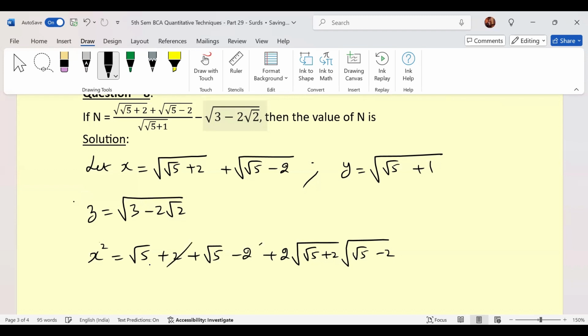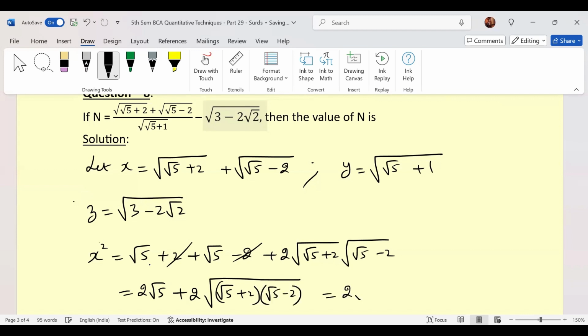So this 2 and 2 gets cancelled. You get 2 root 5 plus 2 times square root of root 5 plus 2 into root 5 minus 2.